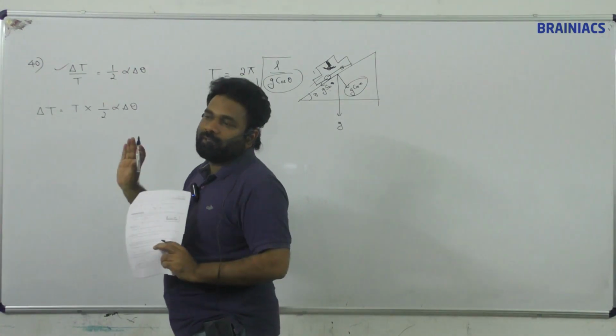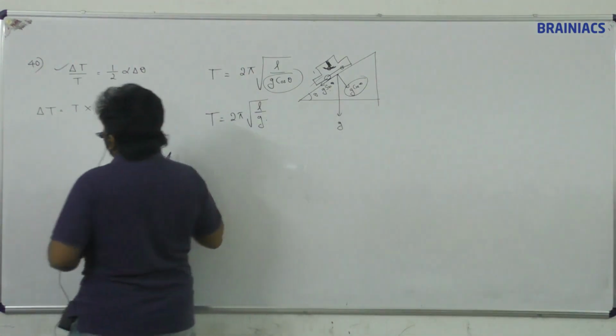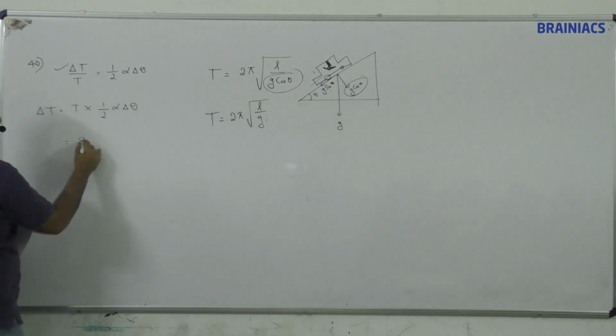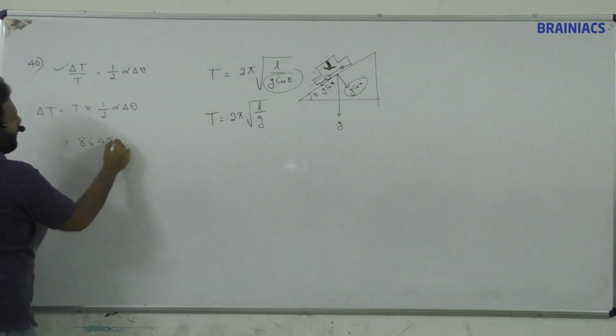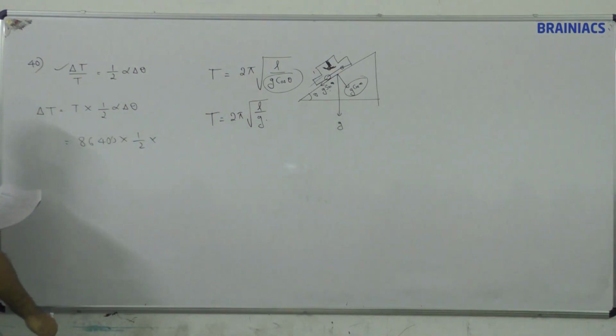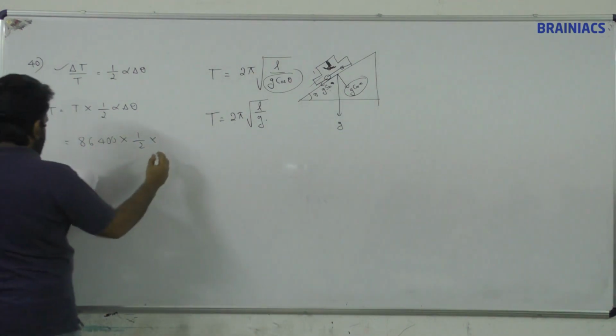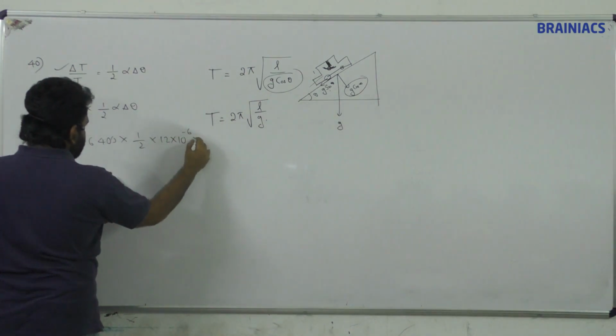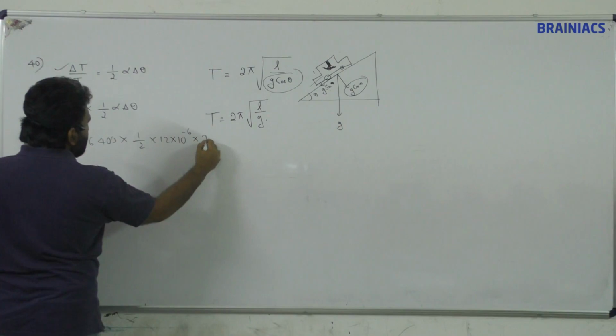This value is the time taken for 1 day. So here we can do 86,400 into 1 by 2 into alpha, 12 into 10 power minus 6, into delta theta, which is 20.